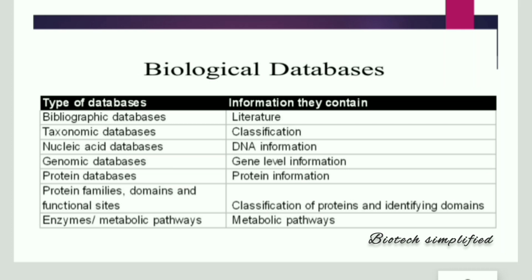So these are the common types of biological databases: bibliographic databases, taxonomic databases, nucleic acid databases, genomic databases, protein databases, protein family domains and functional sites databases, and enzymes or metabolic pathway databases.